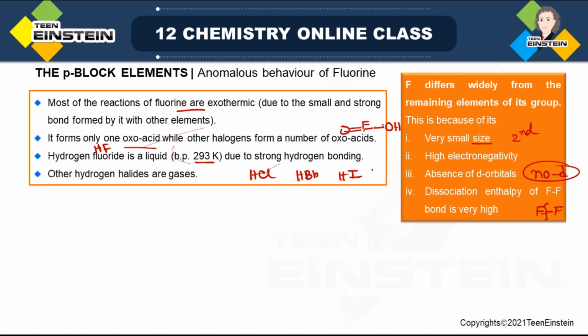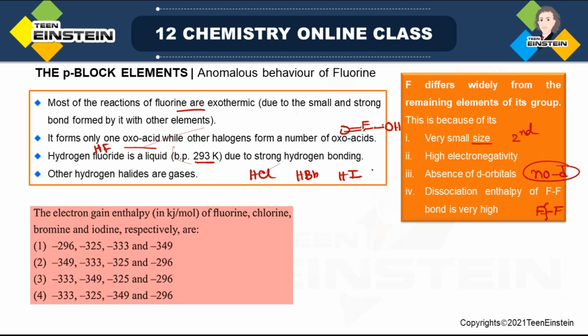Only HF is liquid. That means the distance between the molecules is very small. That is why it is in liquid state. And why are they very close to each other? Because of hydrogen bonding, which is not present in case of the other hydrogen halides, HCl, HBr, HI. Fine. So that is why boiling point will be low, because their physical state is gaseous.